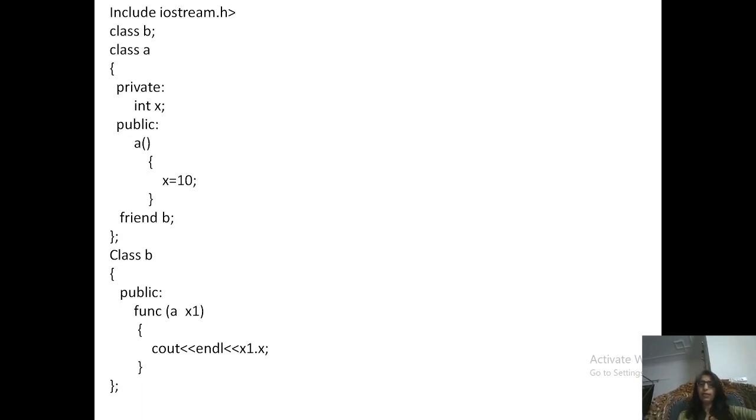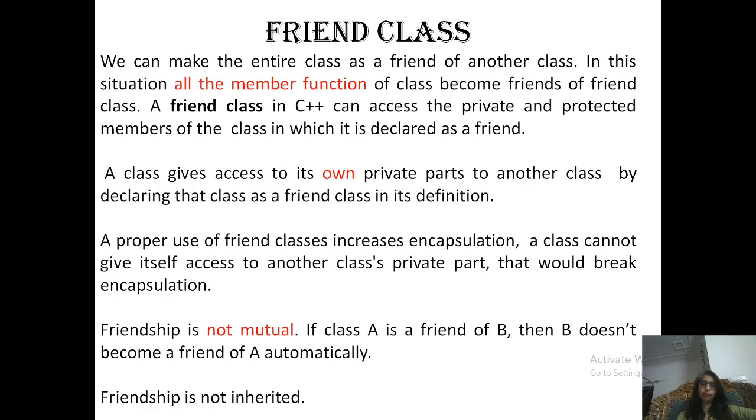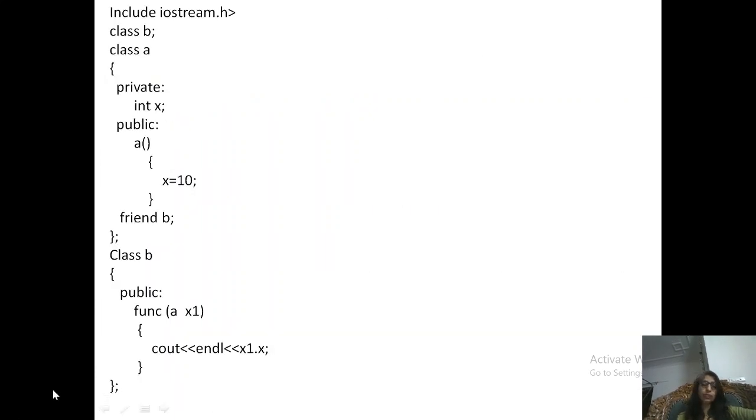According to B, A is not its friend, so it is not permitting A to use its private data or private functions. So friendship is not mutual. If we want friendship to be mutual, then we have to declare friend A in class B.